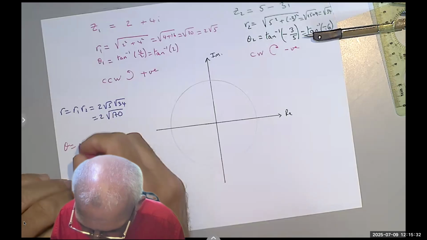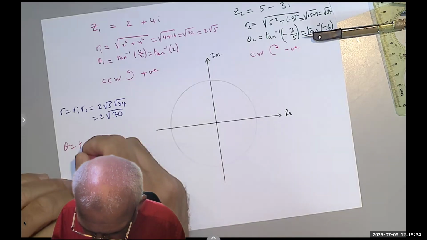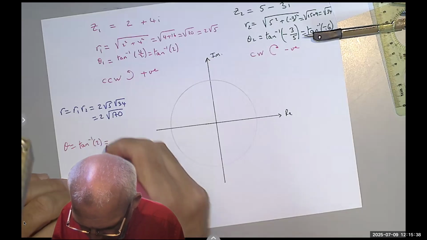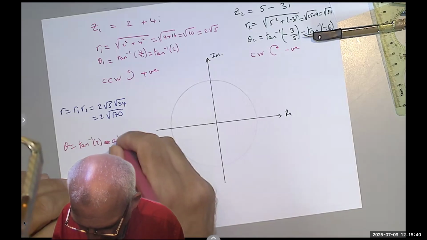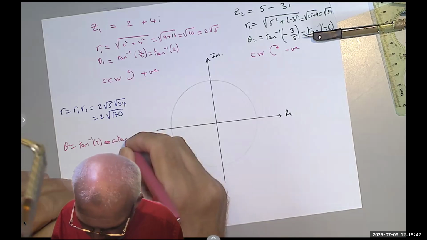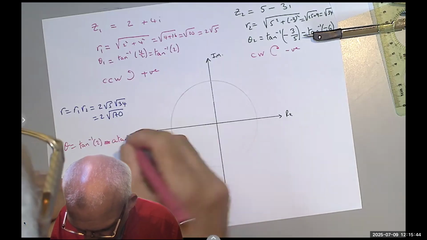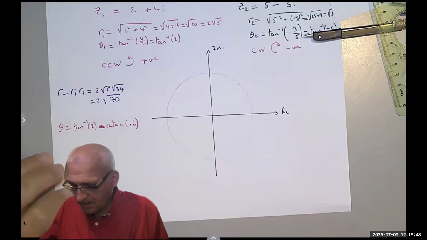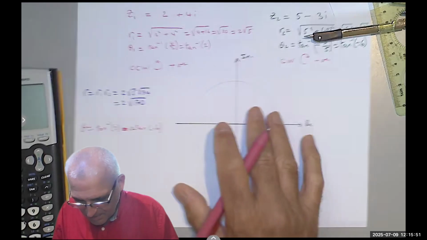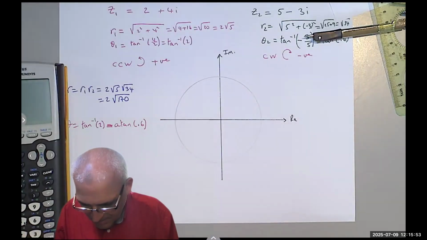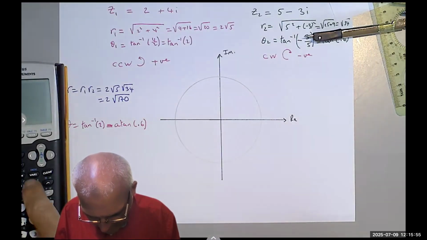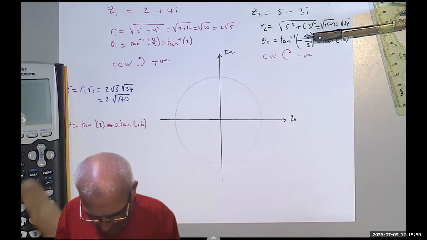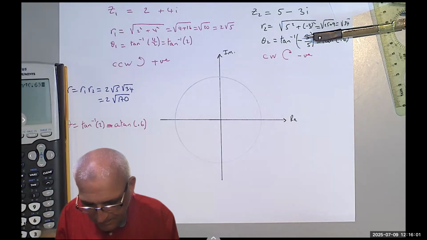So theta equals arctan 2 minus arctan 0.6.